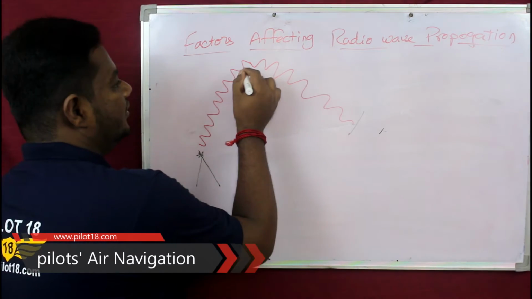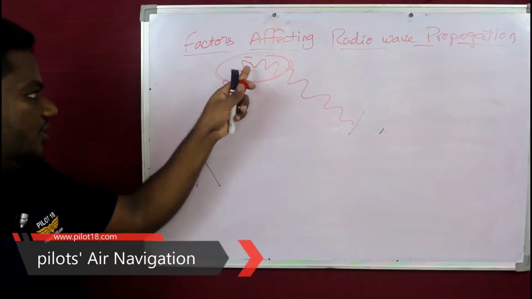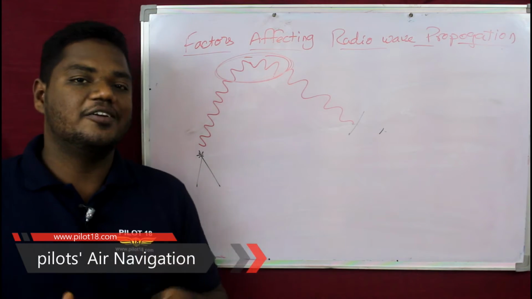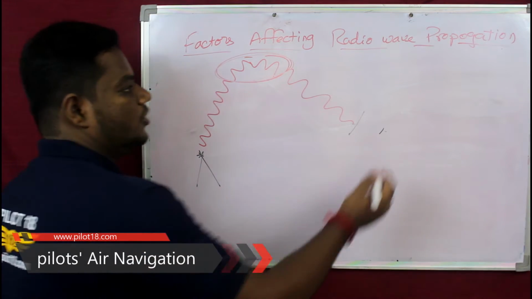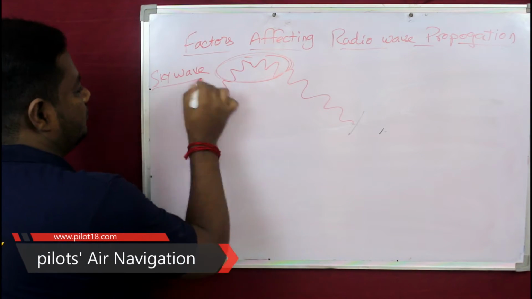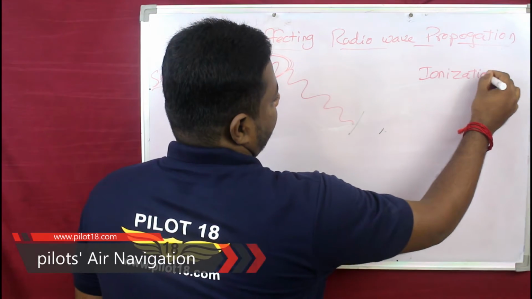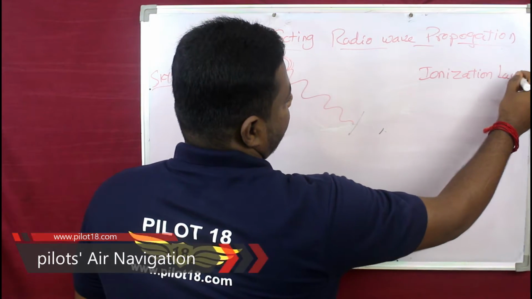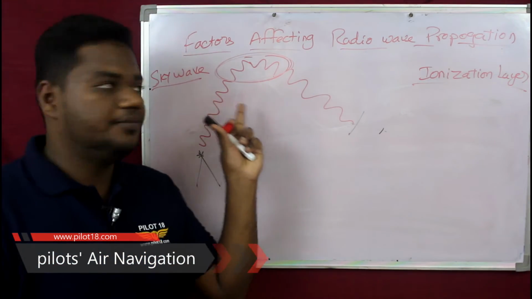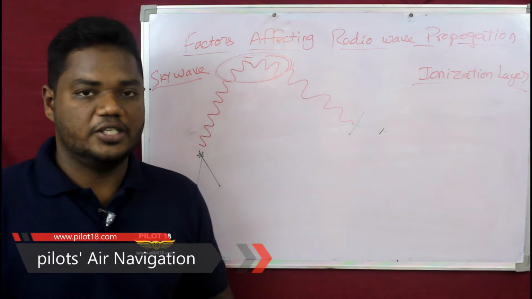Now here it's actually getting refracted. Why is it getting refracted? Because it's supposed to go straight. It is getting refracted because of the ionization layer. There is a layer in the atmosphere at the upper level, from 60 kilometers to 1500 kilometers.